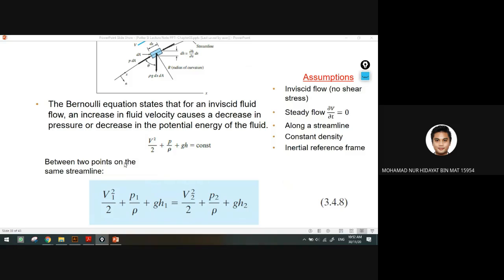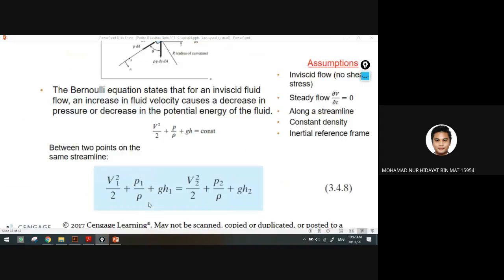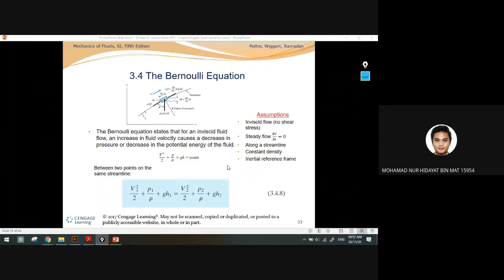So between 2 points on the same streamline, we can say that this is constant. We can equate them as equal. Velocity 1, velocity 2, so we change the subscripts to 1 and 2. This is between 2 points.